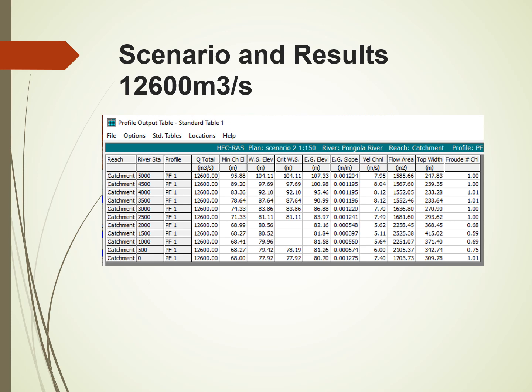The exception here is because of the higher return period, our flow is increased. The velocities are also quite a bit higher. We're seeing velocities now in the region of 7 and 8 meters per second.